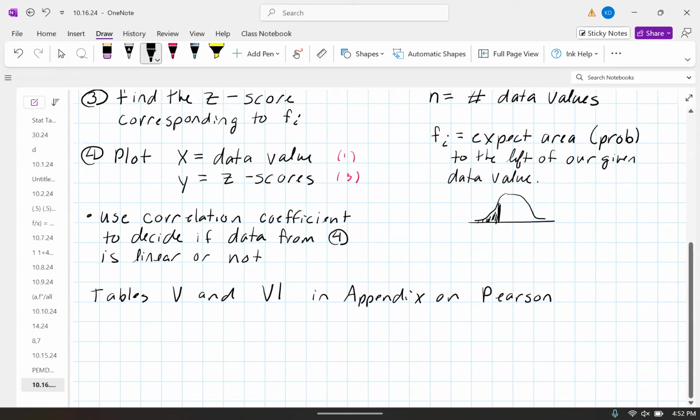Okay, so Table 5 is our Z-score table, which I gave you a copy of from a different place. Table 6 is the table we're going to look up for our R values. Let me show you where that is because I'm going to need to pull that up anyway. It's buried deep in Pearson.